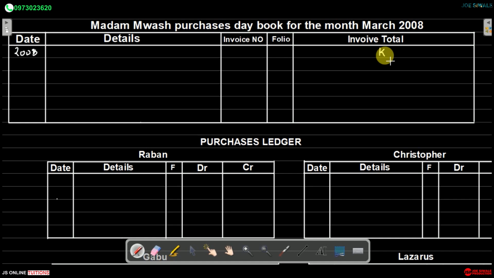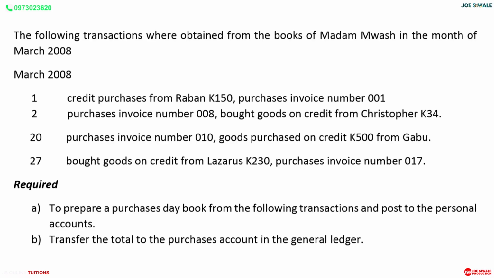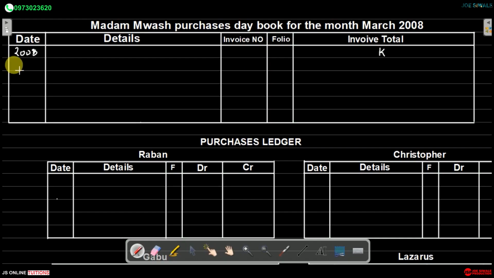And we're going to start with the first transaction. The first transaction occurred on the 1st of March. Credit purchases from Laban amounting to 150 kwacha, purchases invoice number 001.